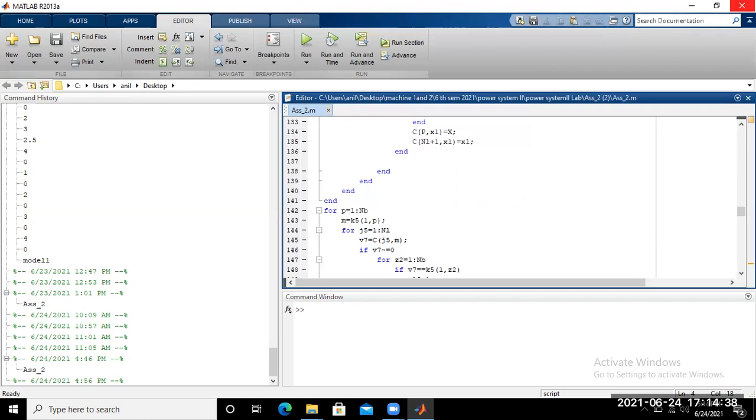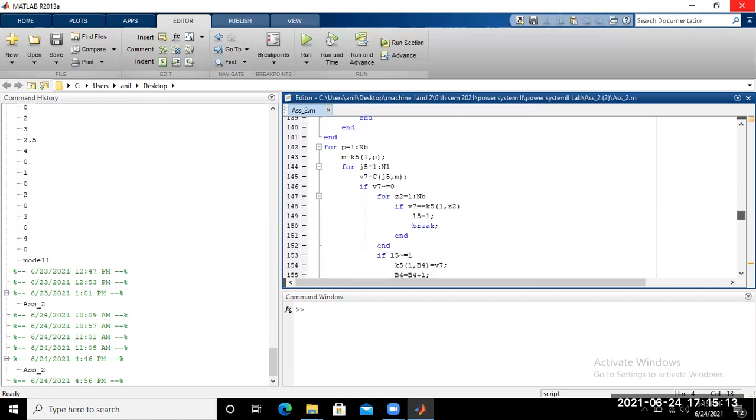Okay, so here also stop the loop by int, and for starting the new loop, that means for p equal to 1, that means number of buses, m equal to k5 1 comma p for j5 equal to 1 and 1. Okay. So v7 equal to c into j5. Okay, so when v7 equal to 0 for z2 equal to 1 comma semicolon of number of buses, if v7 equal to k5 1 into z1 comma z2.